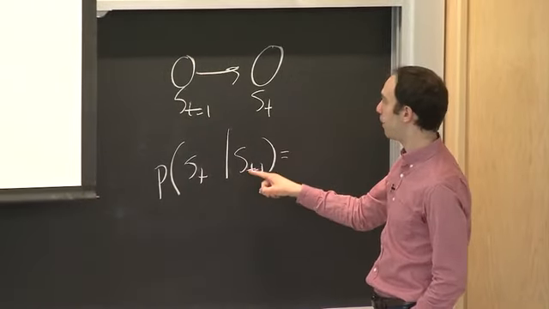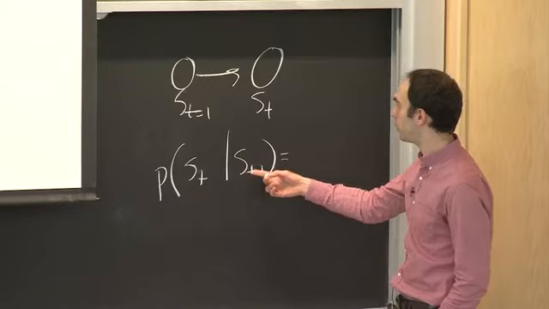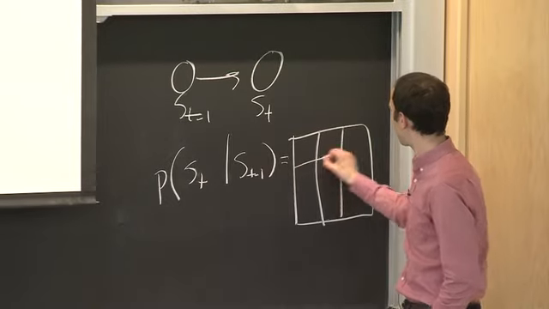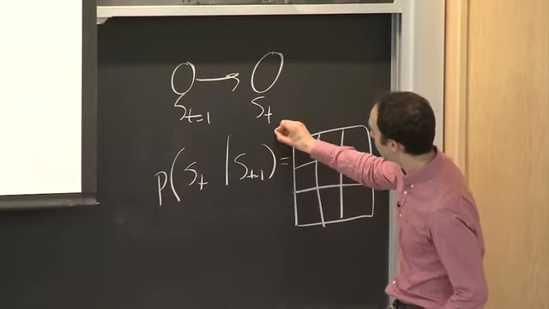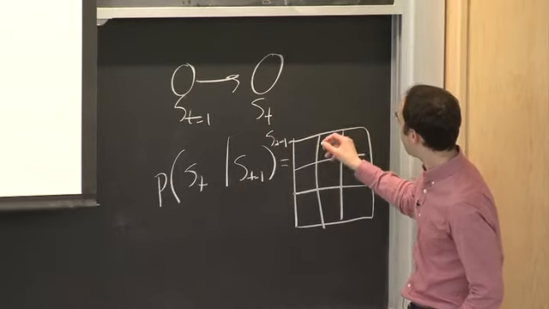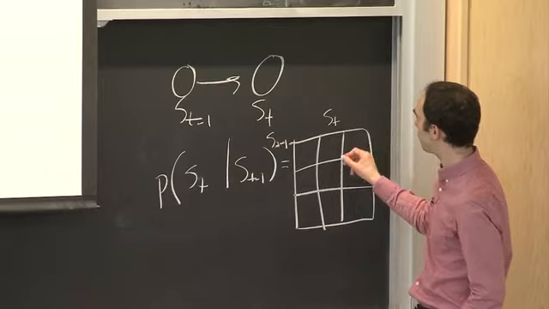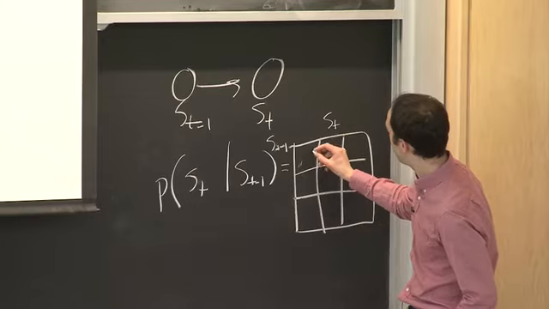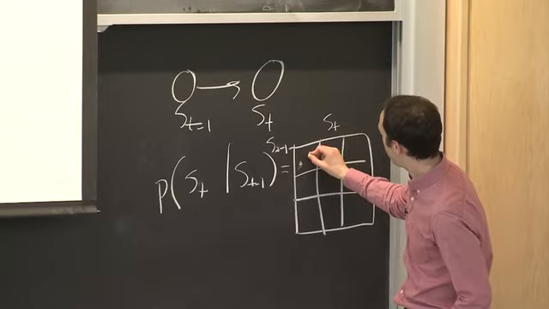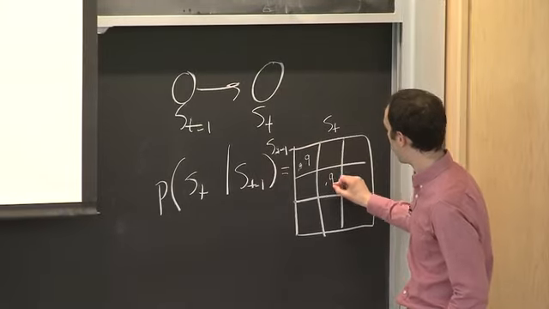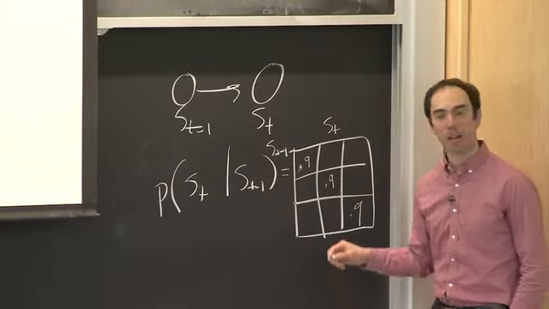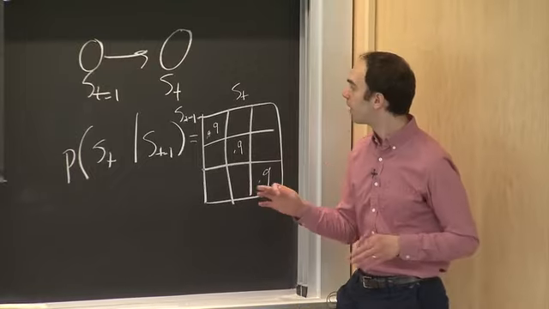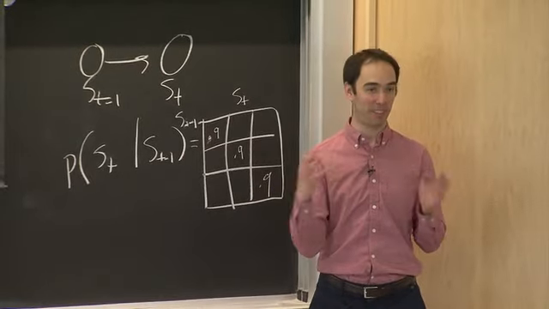For example, if the number of states for each random variable is 3, then you would have a 3 by 3 table, where for each state S_{t-1}, you have some probability of transitioning to the corresponding state S_t. So this might be something like 0.9, 0.9, 0.9, where notice I'm having a very large value along the diagonal because, over a very small period, a priori we might believe that patients stay in the same disease stage.